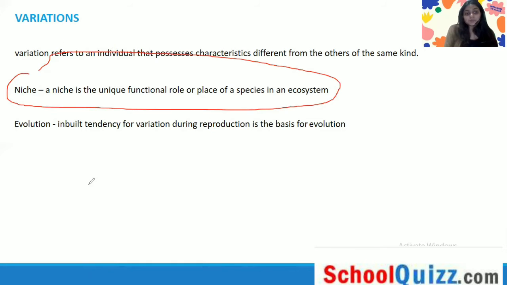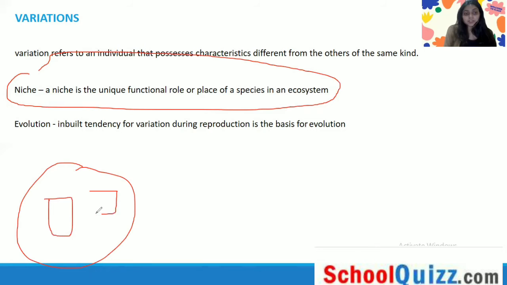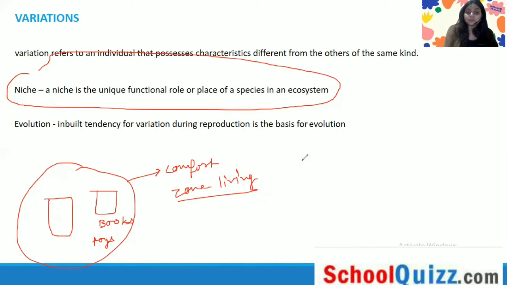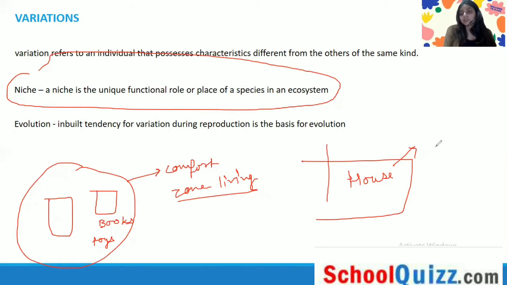What is niche? Suppose you are in your room. In a room you have your bed, your study table, some toys, some books. So this is your comfort zone for your living. Or the house is our comfort zone for our living, for our survival.